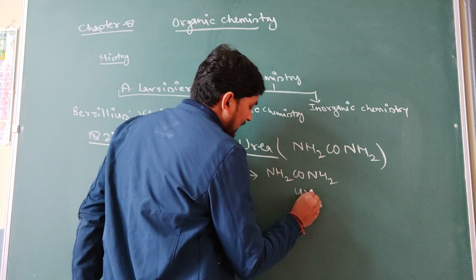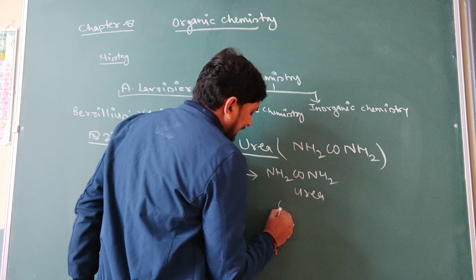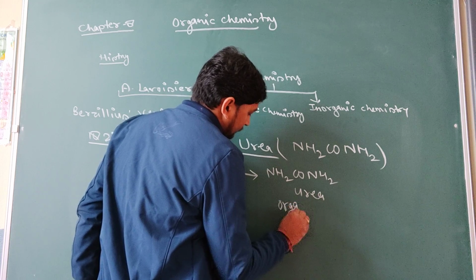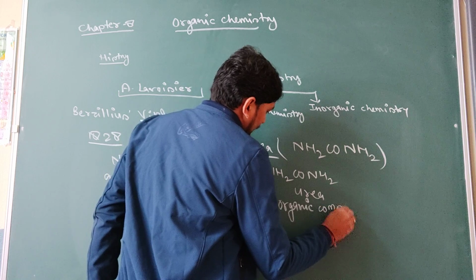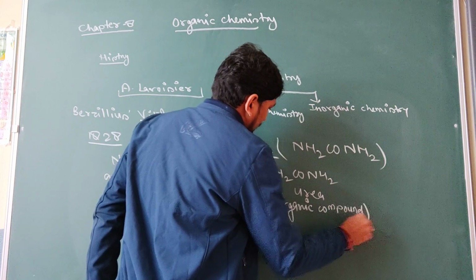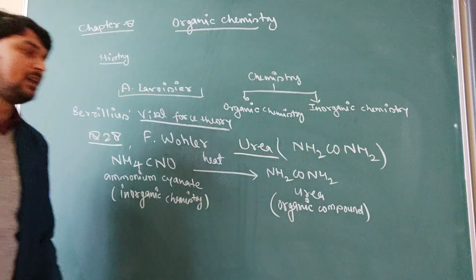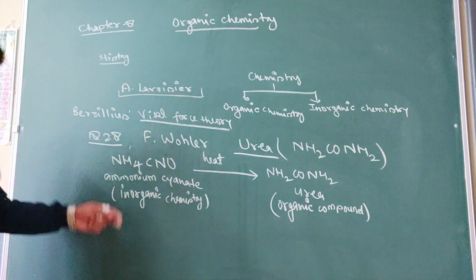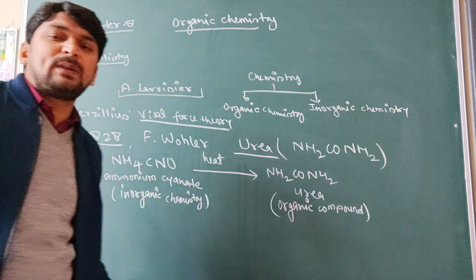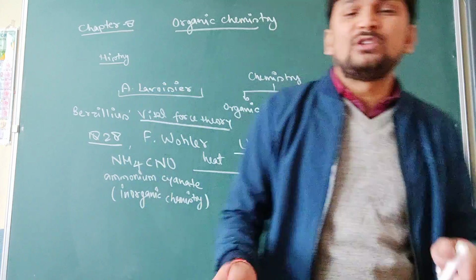Its name is urea, and it is an organic compound. Getting? This is the chemical reaction, and in this way urea was prepared from ammonium cyanide in the laboratory.